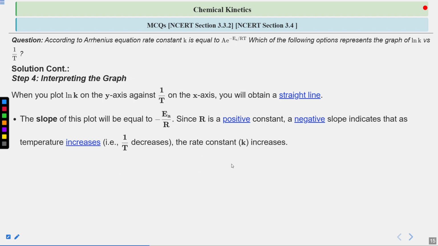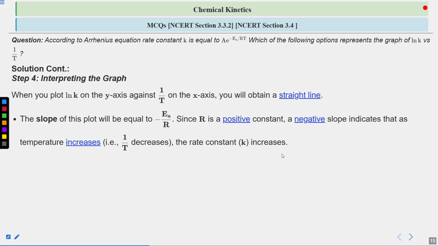Negative slope means the slope is inversely proportional to this x-axis, okay? And in the x-axis, T is already present in the denominator, okay? So negative slope indicates that as the temperature increases, the 1 by T decreases, and the rate constant will increase, okay?